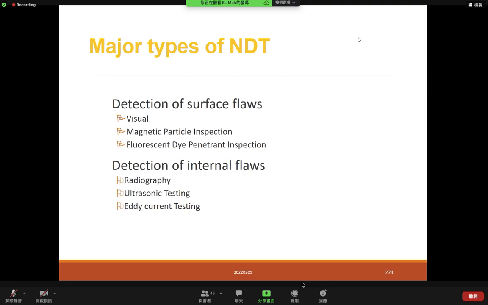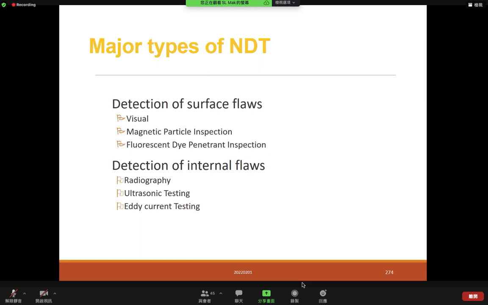For example, there are two major types of NDT. To detect surface defects, we may apply visual inspection, just using your eyes to check, or use some tools to magnify the image to check any defect on the surface of the products, or apply magnetic particle inspection or dye penetrant inspection.